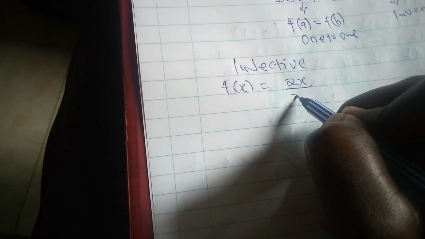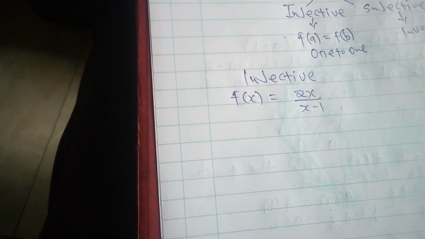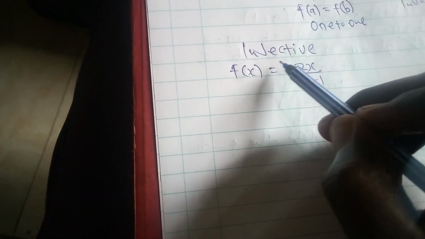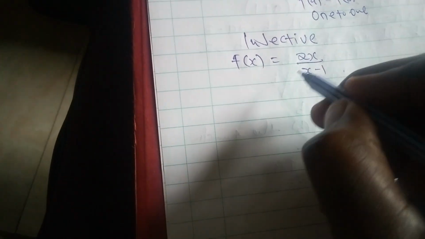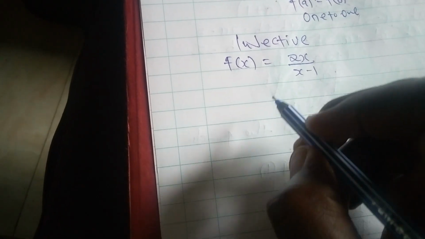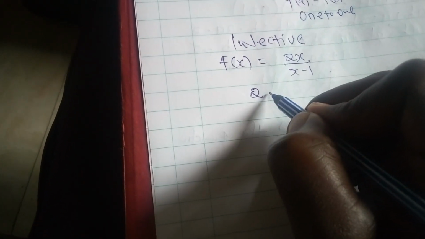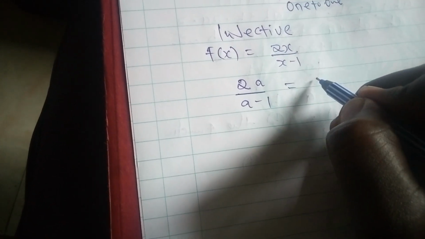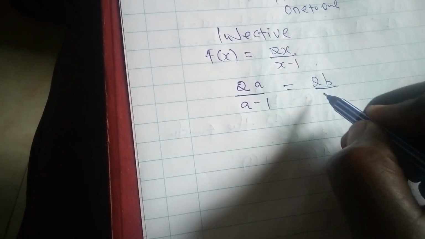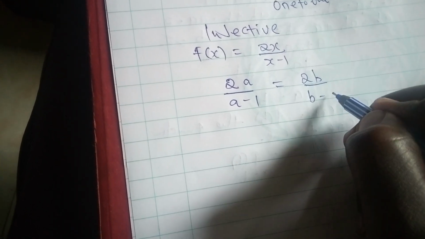Of the same function that is given, f of x is equal to 2x over x minus 1. So from there we are going to replace, since injective, f of a would be equal to f of b. So meaning that there is x, we are going to replace it with a over a minus 1 is equal to 2b over b minus 1.